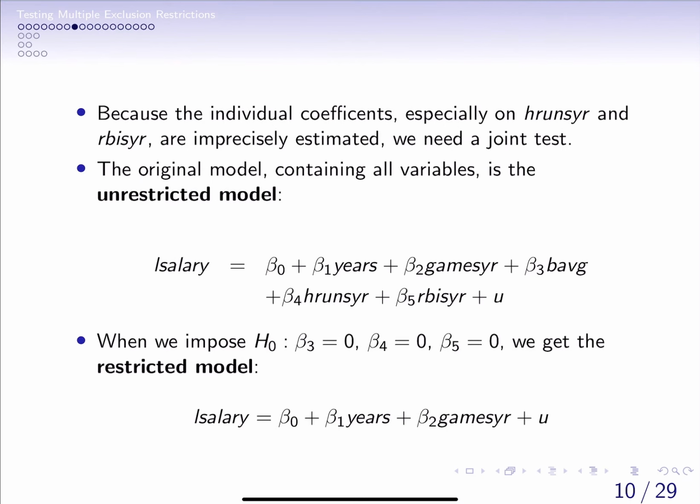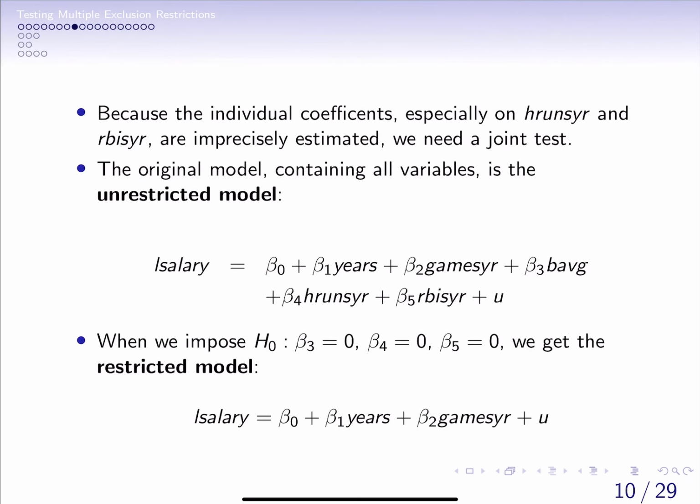So what the F-test is allowing us to do is to see how the fit of the model deteriorates as we move from the unrestricted model to the restricted model. As we remove these three variables, what happens to the fit of the model? If nothing happens, then we are okay dropping the three variables. But if something changes, then we might have to keep those three variables because they jointly contain some information about log salaries.